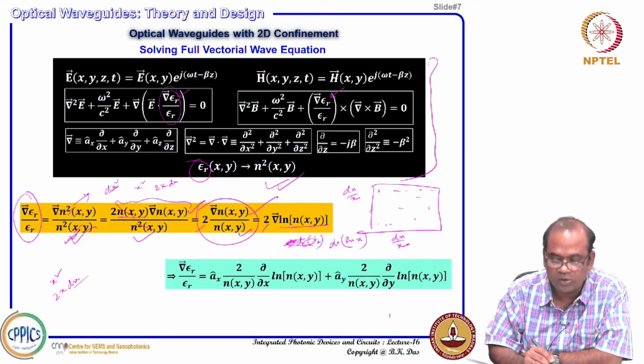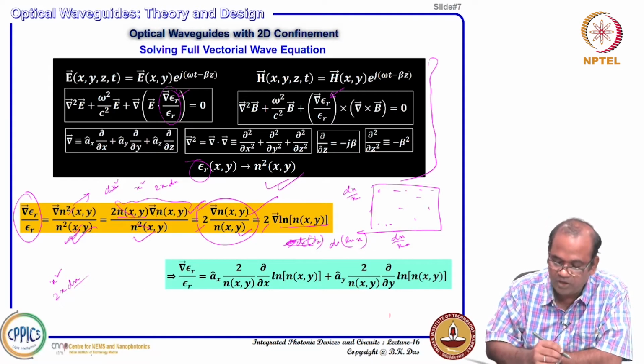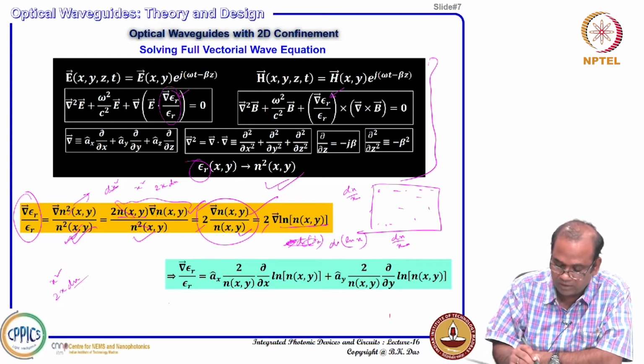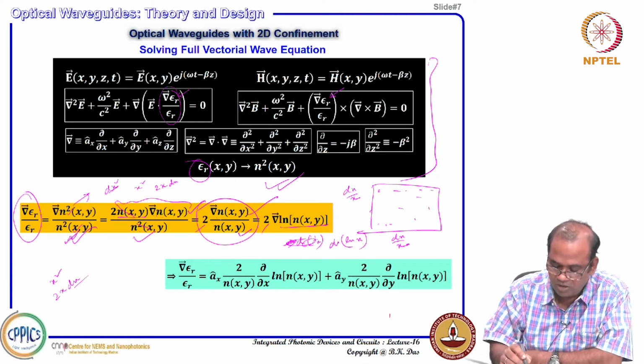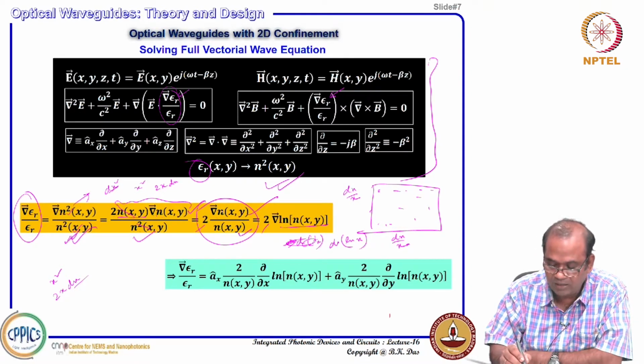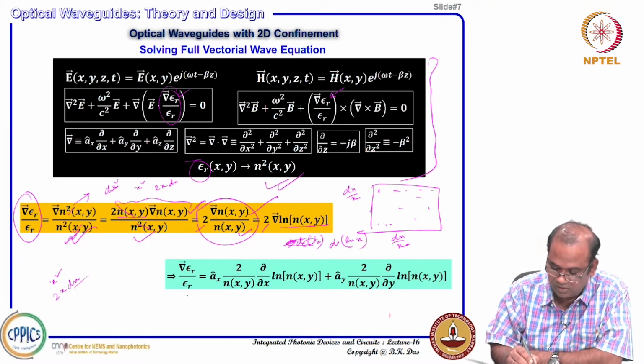This is what we know, the refractive index profile of the waveguide cross section. Refractive index is a function of xy, z invariant. Whenever you take a gradient on that, the nabla operator, you get a vector, and for that vector we write del epsilon r.